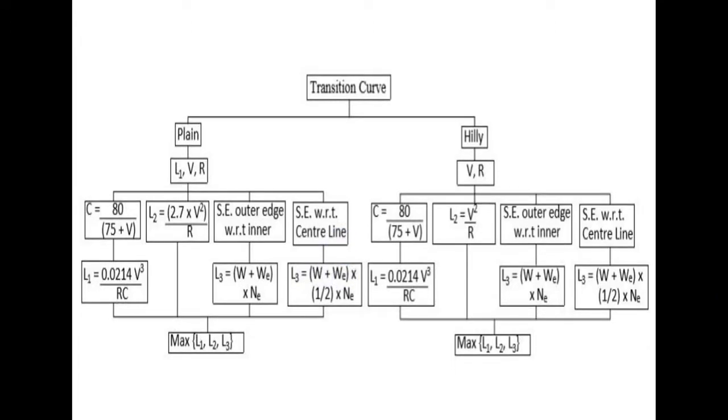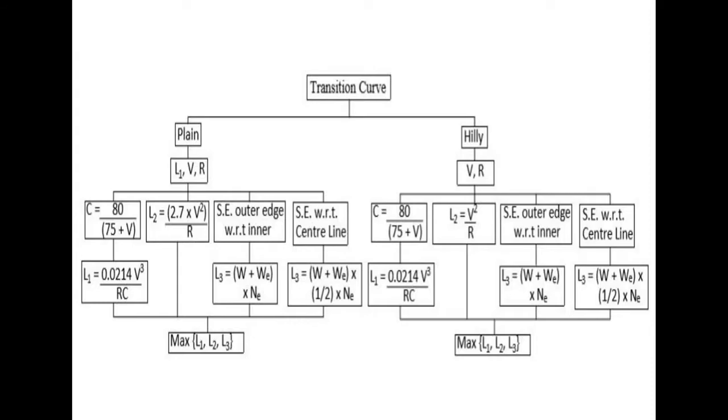We can attain super elevation by either raising the outer edge of the road with respect to the inner edge, or we can raise the outer edge with respect to the center and lower the inner edge with respect to the center. So there are two conditions of attaining that super elevation.